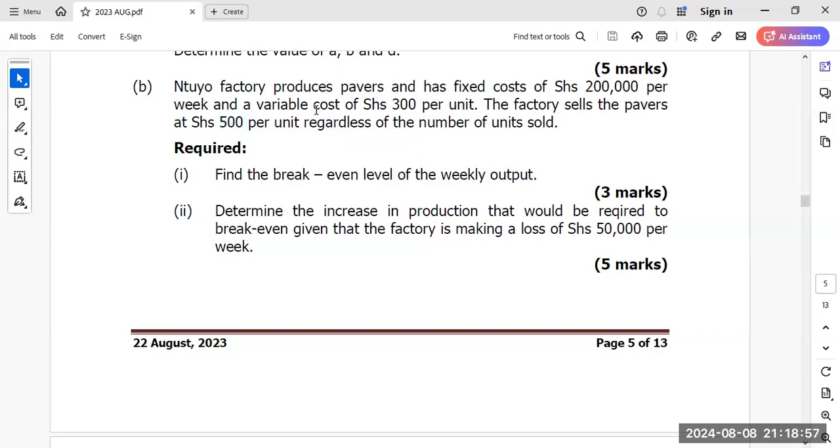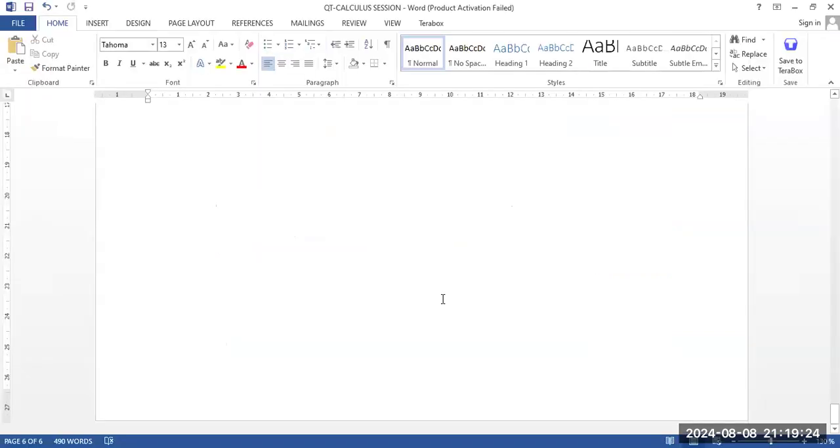So you're going to define your X to represent the number of weekly outputs or the number of units sold. We need to find the break-even level of weekly output, break-even level. Break-even, every time you see the word break-even, recall our concept.